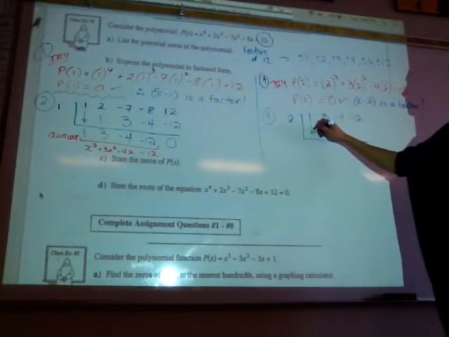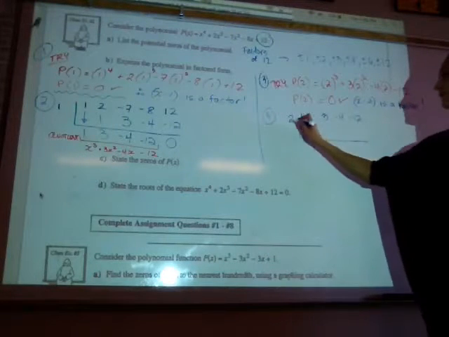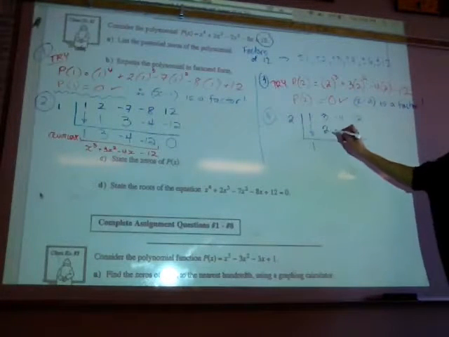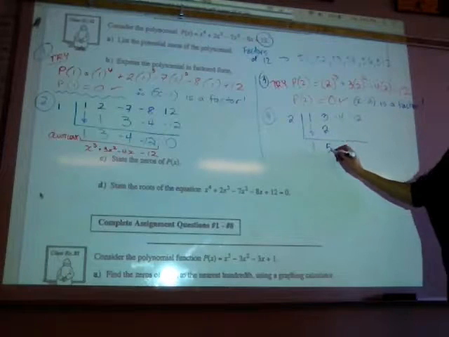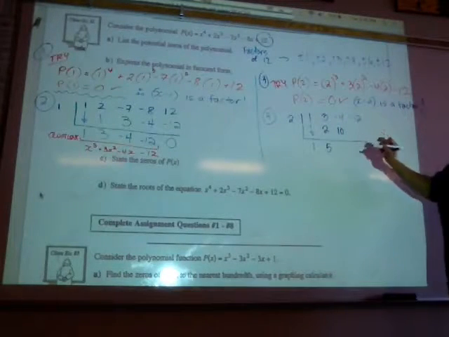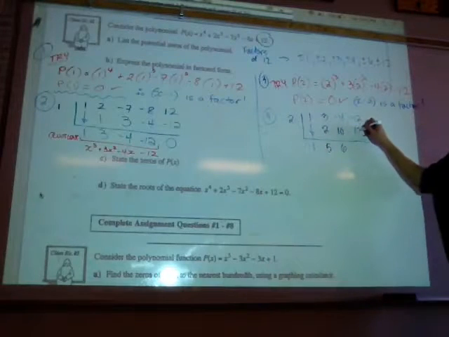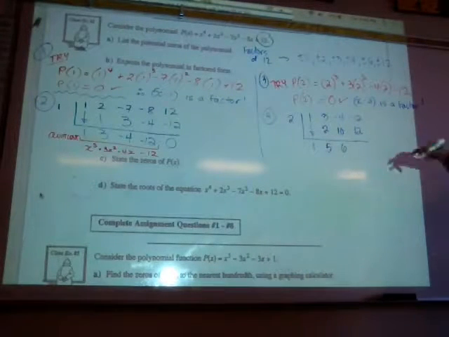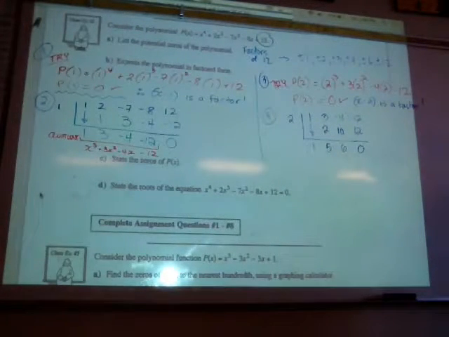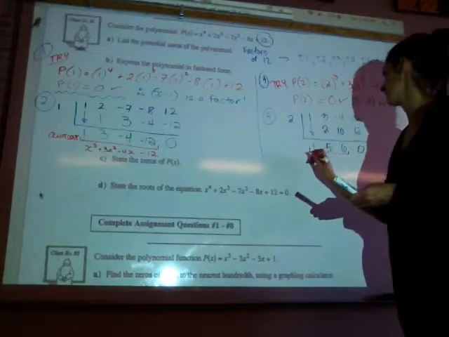So let's bring down the 1. 1 times 2 is 2. 3 plus 2 is 5. 5 times 2 is 10. 10 minus 4 is 6. 6 times 2 is 12. Negative 12 plus 12 is 0. And we have a quotient again.